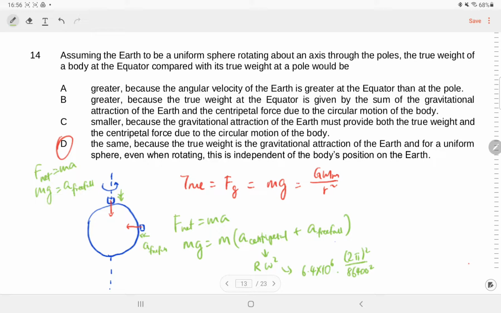With this you can figure out that this a_c is around 0.03 meters per second squared. So suppose this is 9.81, then the free fall acceleration will be around 9.78 meters per second squared. So at the poles you have a larger free fall acceleration.